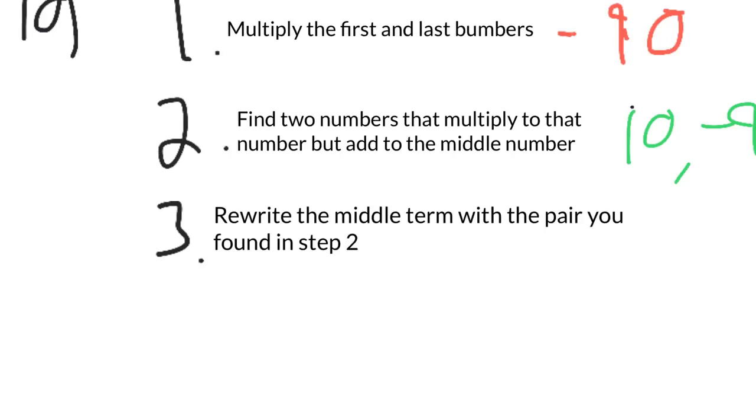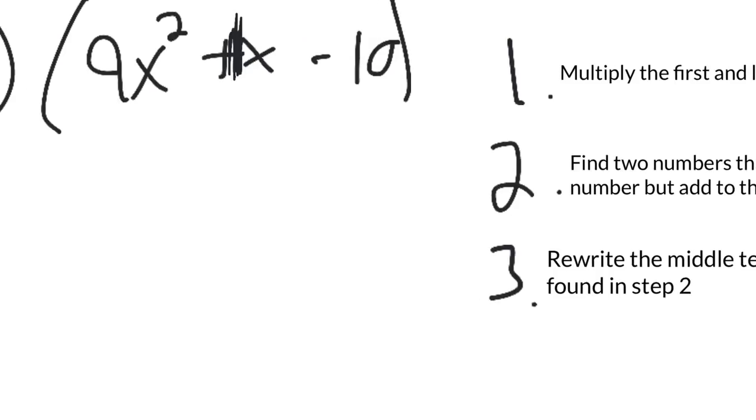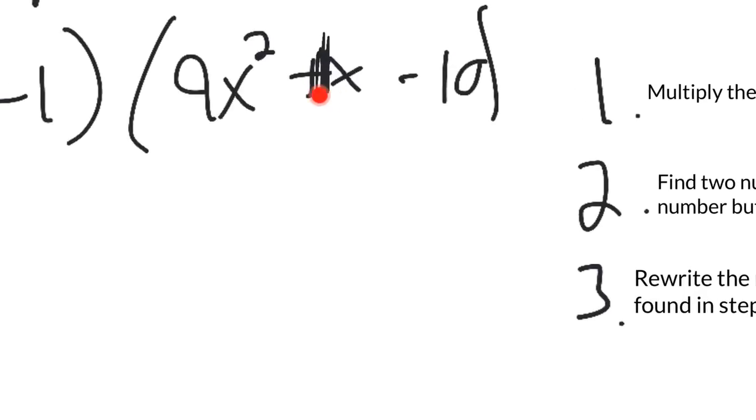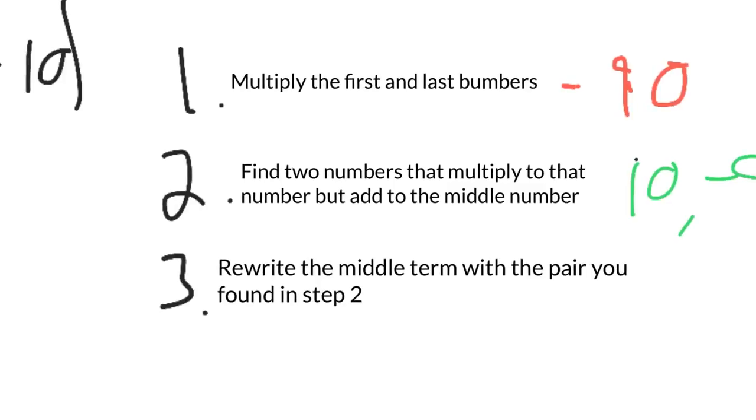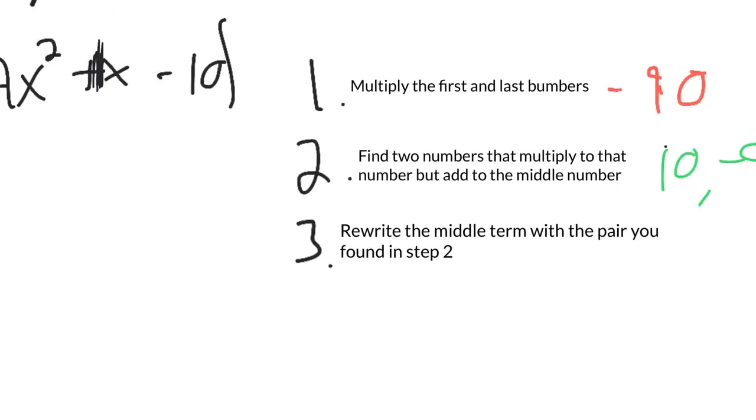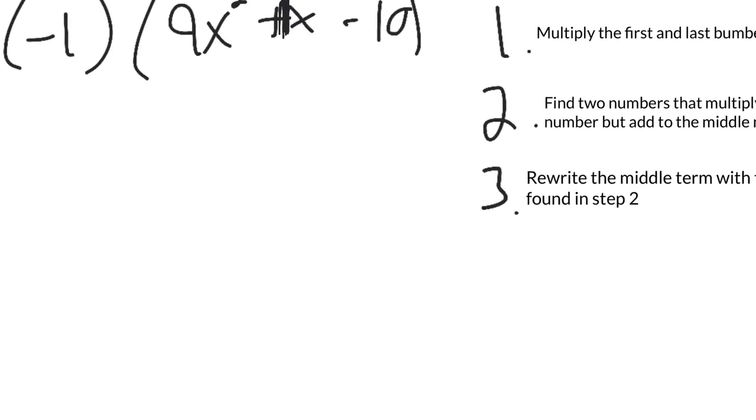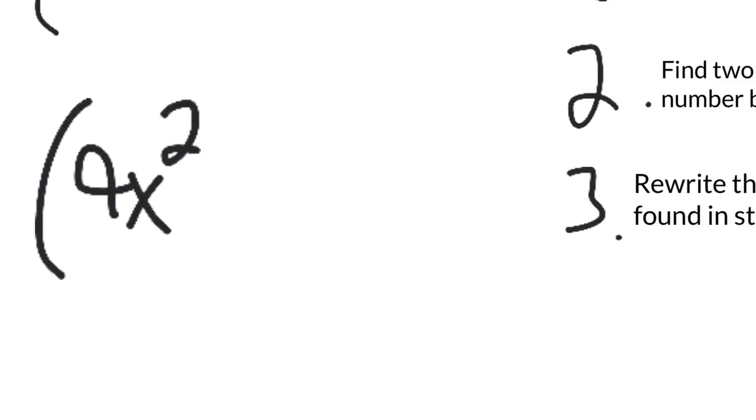Third step is you've got to rewrite the middle term with the pair you found in step 2. We're going to rewrite it with that 10 and that -9. So our expression becomes 9x squared, and then we said it was a positive 10 and a -9, so we're going to put plus 10x minus 9x.